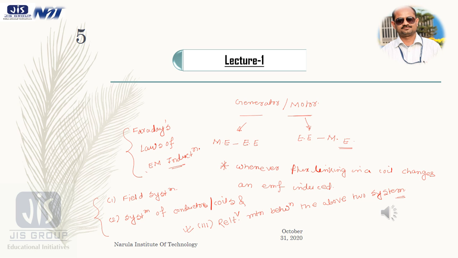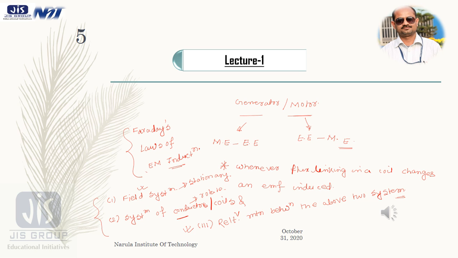First, I can keep this field system stationary and allow the system of conductors to rotate, or we can keep the system of conductors stationary and the field system to rotate. Now when I am going to construct a DC machine, I should keep all these principles in our mind.